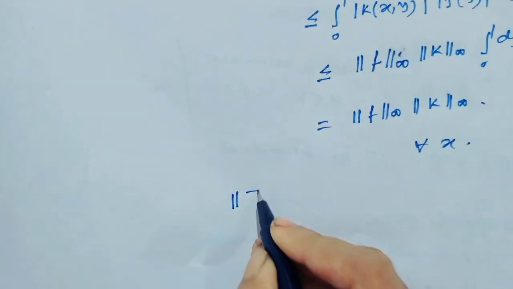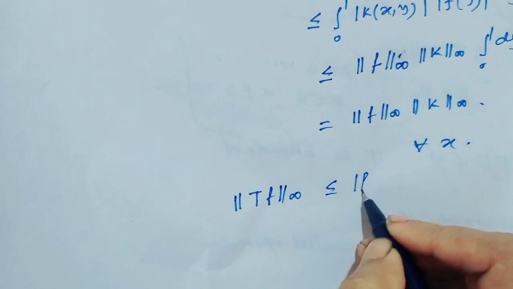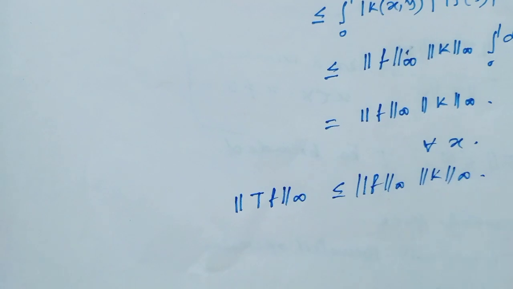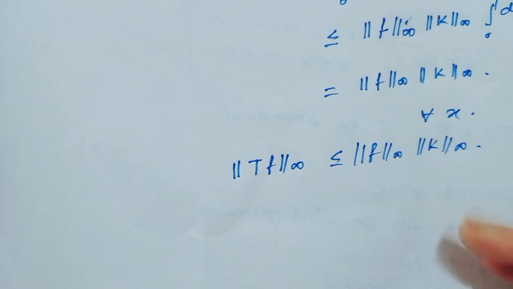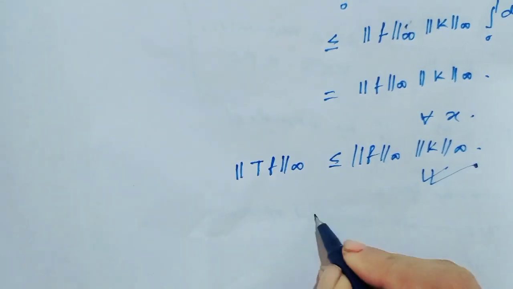Therefore the norm of T f infinity is less than or equal to the norm of f infinity times the norm of k infinity. So obviously this is a bounded operator with constant the infinity norm of k.